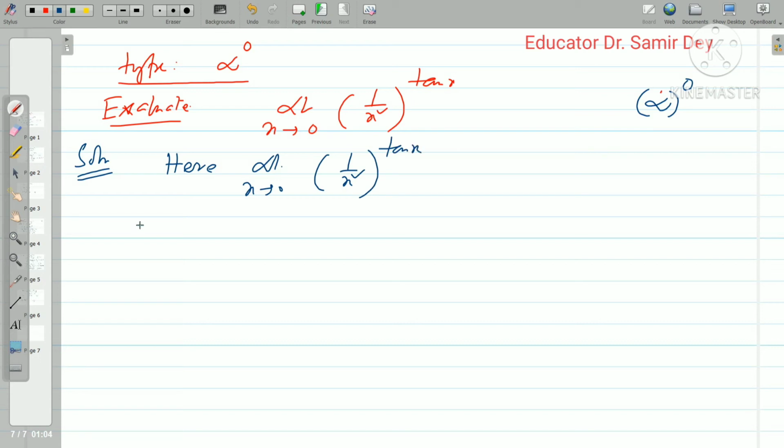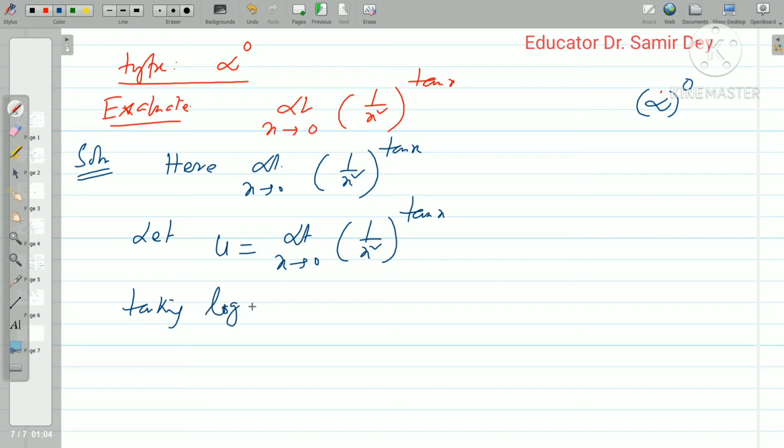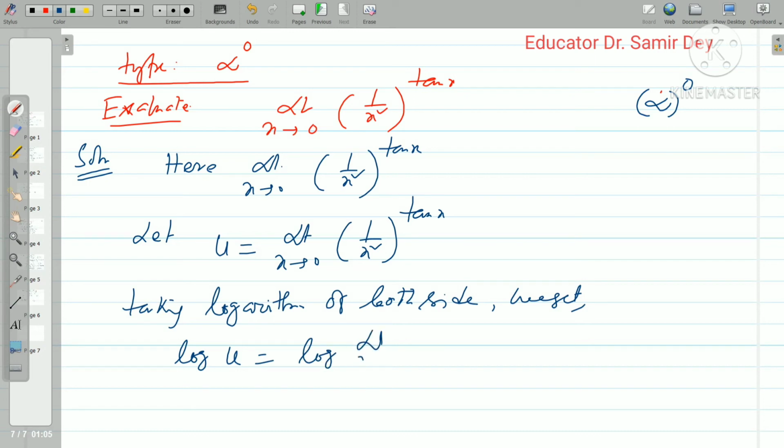Okay, so write down, let u is equals to limit x tends to 0, 1 by x square to the power tan x. Taking logarithm of both sides we get log u is equals to log of limit x tends to 0, 1 by x square whole to the power tan x.